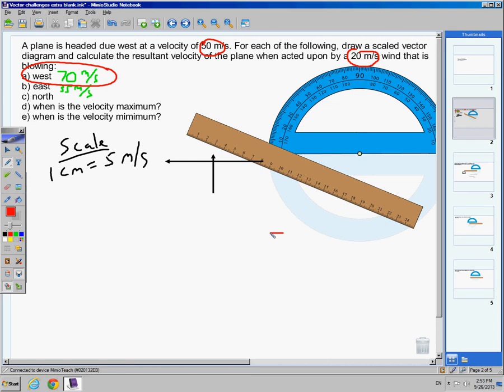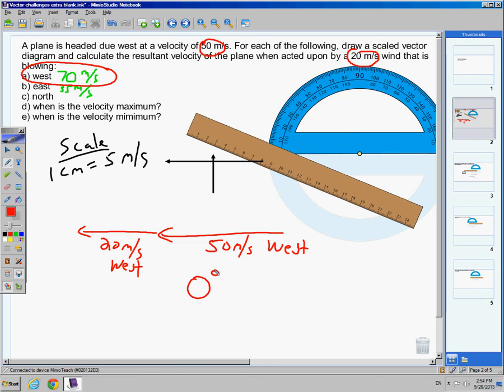So you had 50 meters per second west. And then following the tip-to-tail format, we had 20 meters per second west. And this was at 0 degrees. 0 degrees really means same direction. There is no angle between the two.